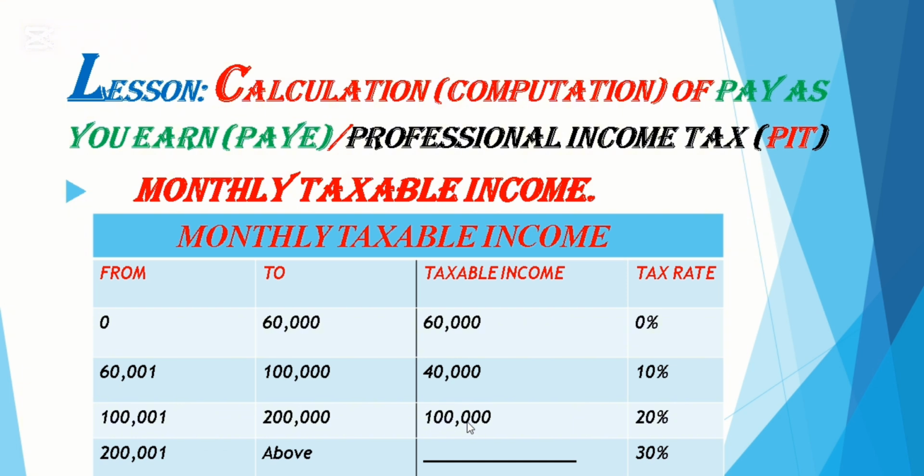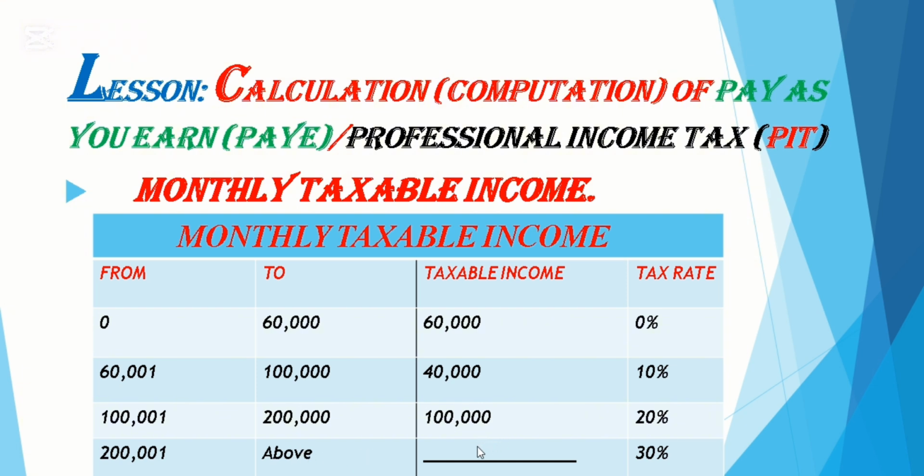This income will be supposed to pay professional income tax at 20%. You can see respectively. There's a step number 4, which stated that any income that is above 200,000 excluded, any income that is above.